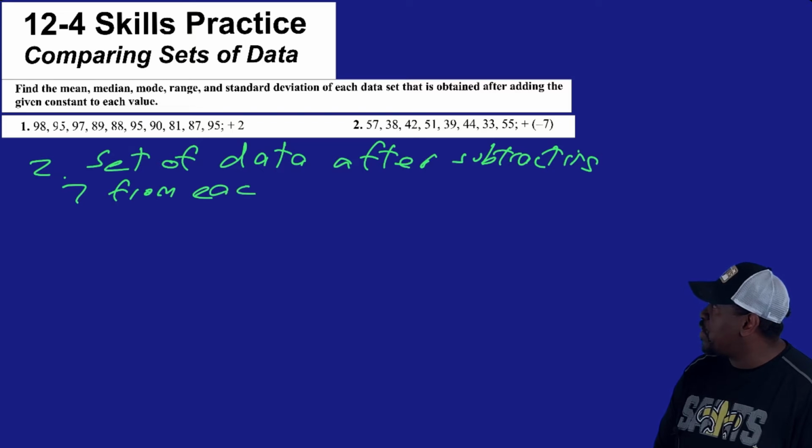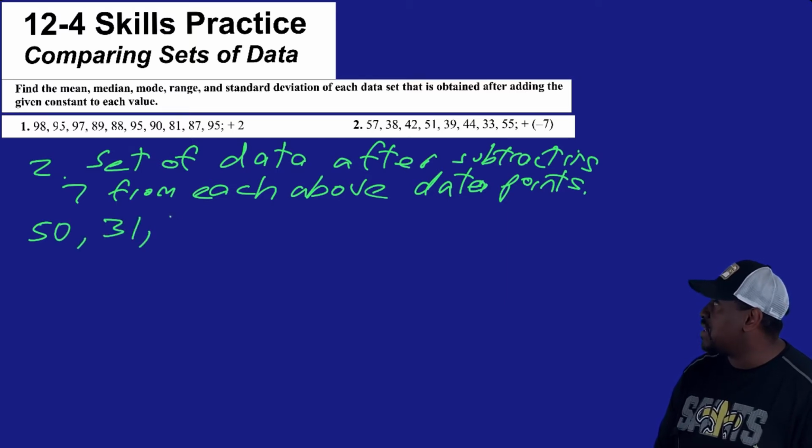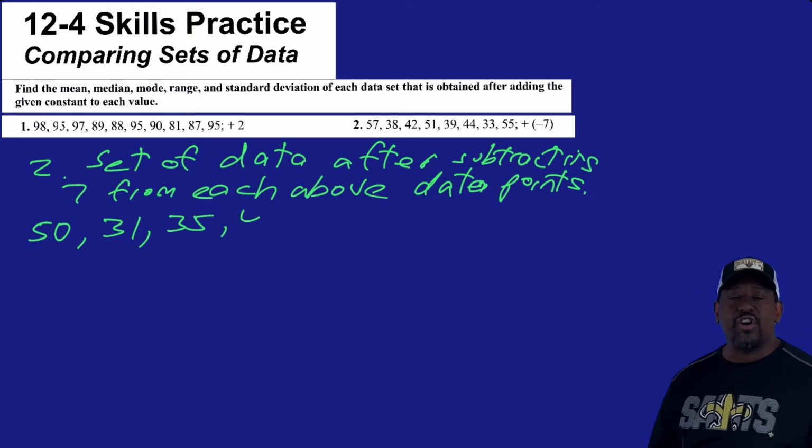Before we find mean, median, mode, range, and standard deviation, we're going to change the values by subtracting 7 from each above data point as they suggested for us to do. So it's going to change our little table. Instead of having 57, we'll have 50. Instead of 38, we'll have 31, and so on and so forth.